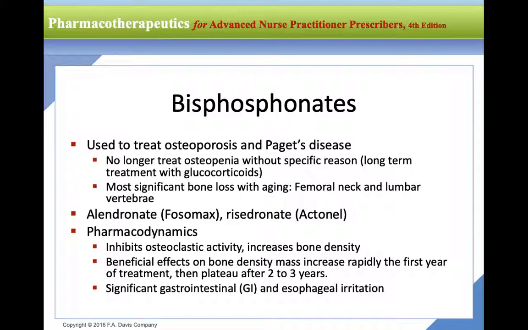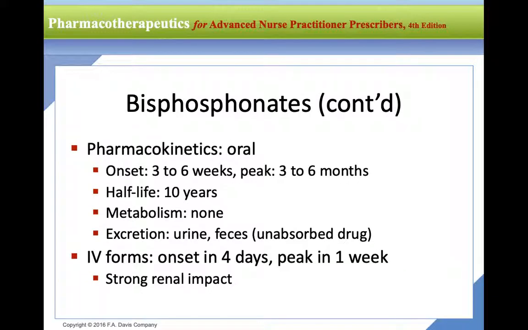What the bisphosphonates do is inhibit osteoclast activity, so it inhibits the breakdown of the bones, thereby increasing bone density. The beneficial effect on bone mass increases rapidly in the first year and then plateaus after 2 to 3 years, and there's significant GI and esophageal irritation.